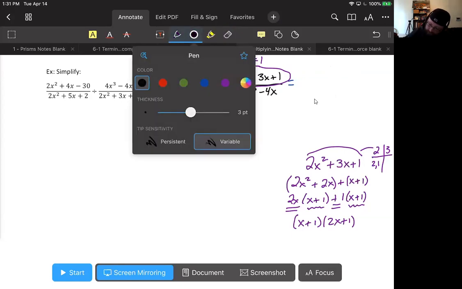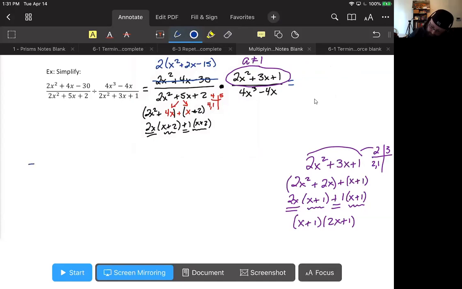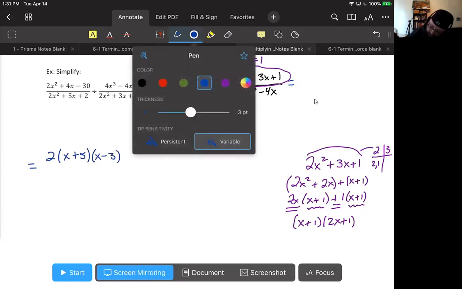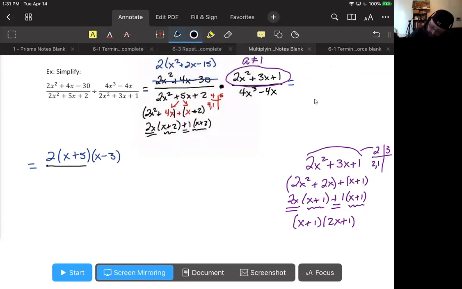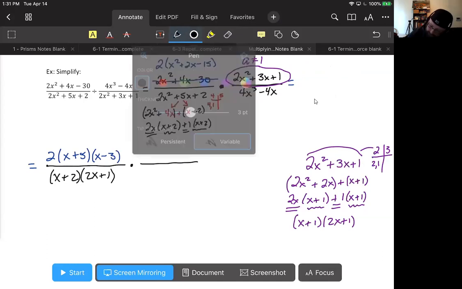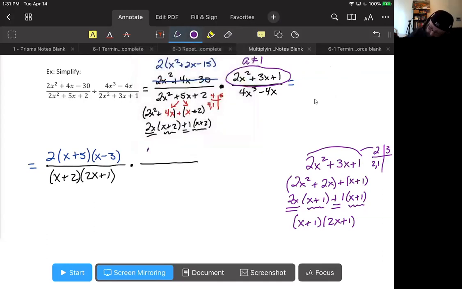So we had 2 times x plus 5 times x minus 3 over x plus 2 times 2x plus 1. And we just established that the top of that fraction multiplies into x plus 1 times 2x plus 1.